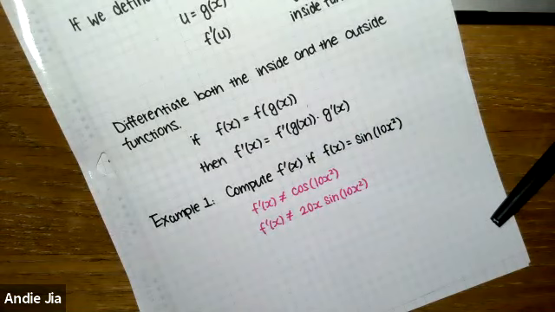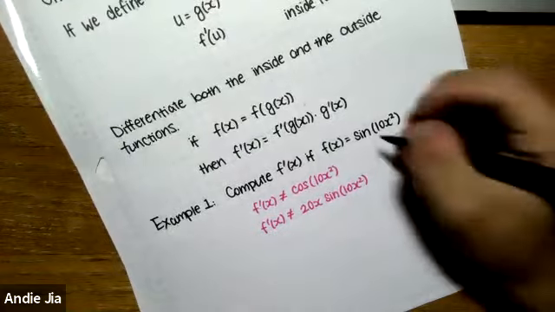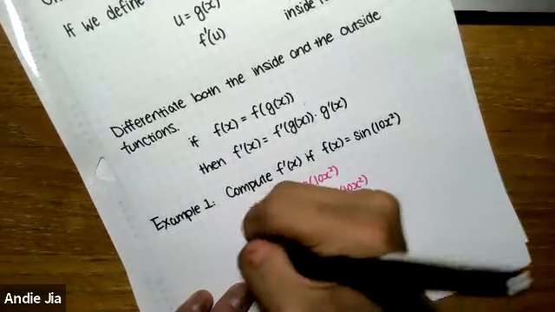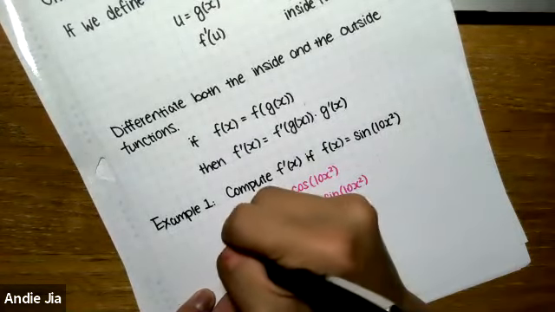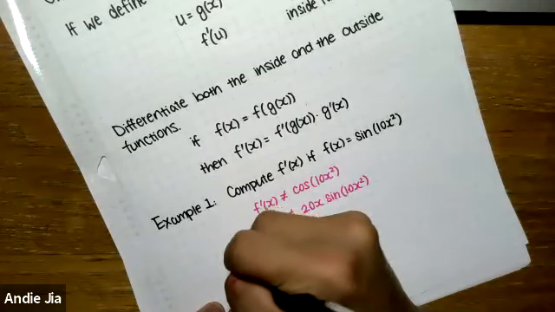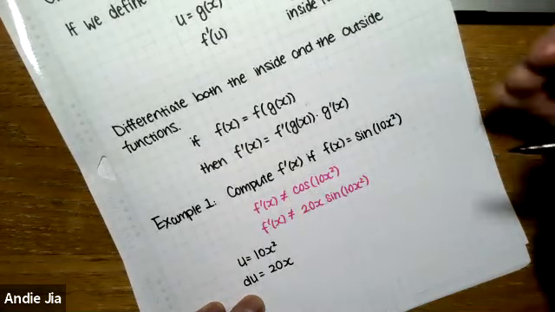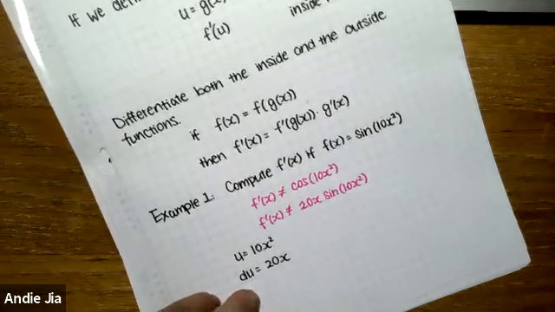What we need to do is let the inside function be 10x to the square. We need to let u equal 10x to the square. du is 20x.